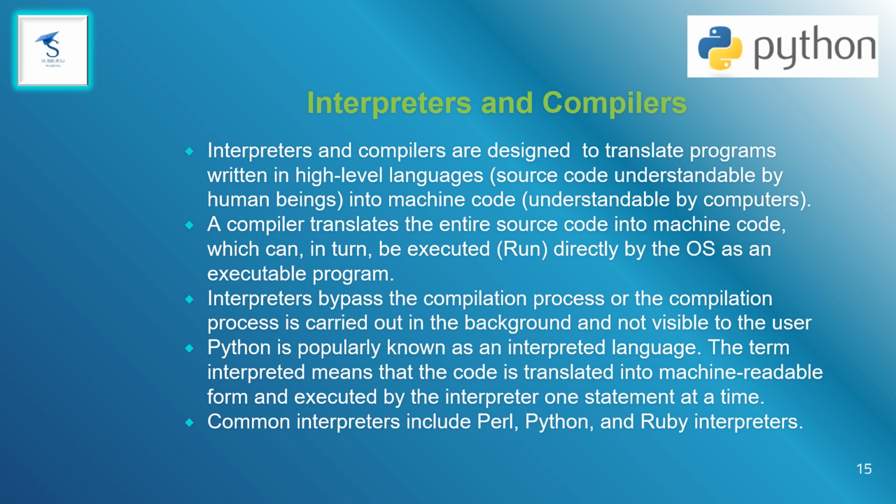What a compiler does is translate the entire source code into machine code, if there are no errors. If there is an error, it won't compile. On the contrary, interpreters bypass the compilation process. It is only for technical reasons that it will take place, but not visible to us. And Python is popularly known as an interpreted language.